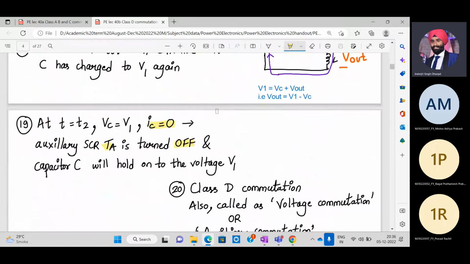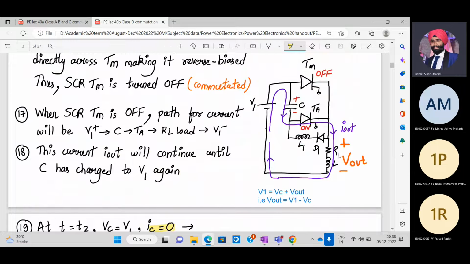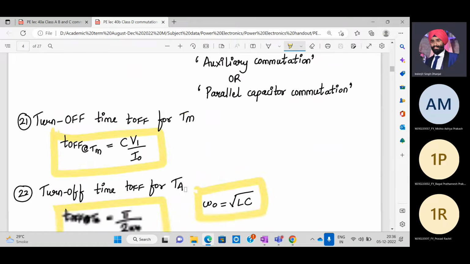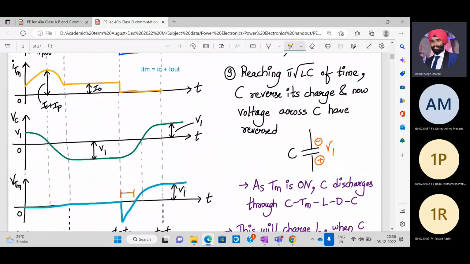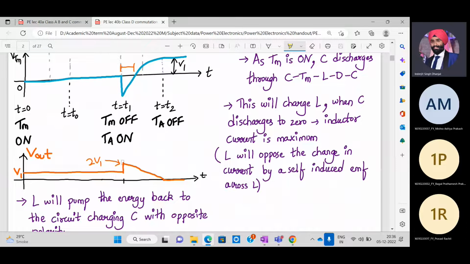Here I have written V1 is actually VC plus V out. So V out will be V1 minus VC. Initially, here we have V1 till the time the main SCR is on.